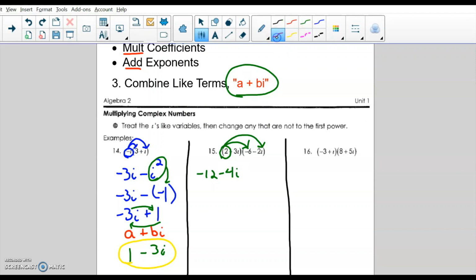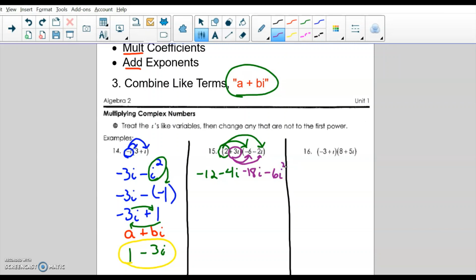And then, in purple, that is a 3i. We take this 3i and multiply it by negative 6, so that is negative 18i. And then 3i times negative 2i is negative 6i squared.